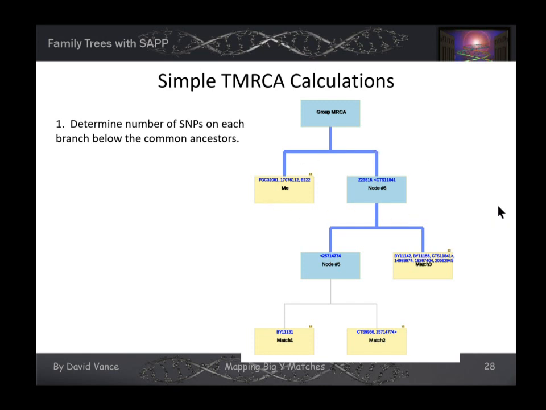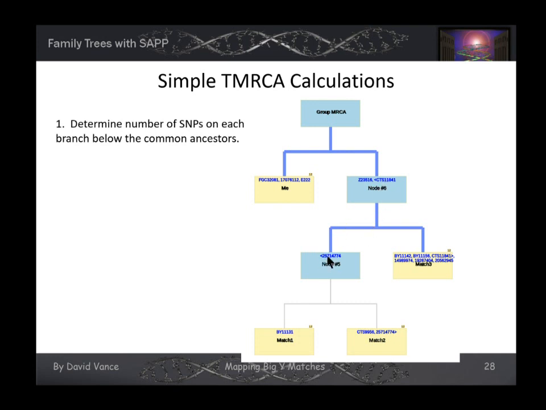So I have 4 branches. I want to add up the number of SNPs. Now what I do for this is, since there are ranges here, I'll use all of the various paths with all of the various combinations to come up with a number of SNPs, and then I'll average those for one single line. So for instance, here for match 1, there's 1 SNP here, there's a potential one here, and there's a potential one there.